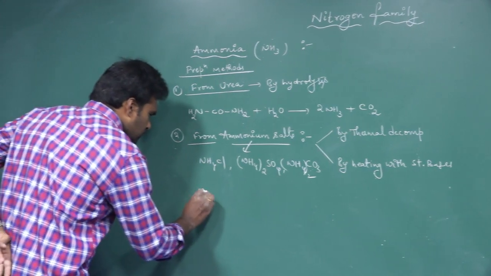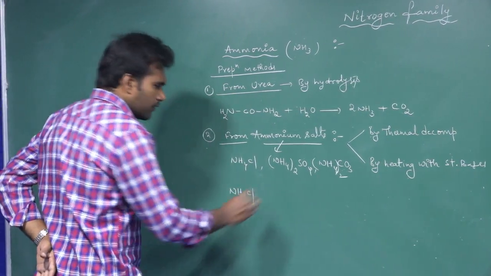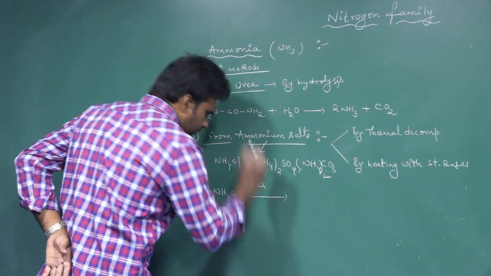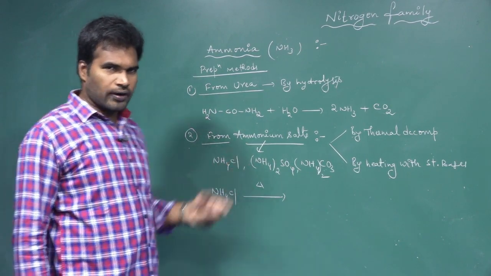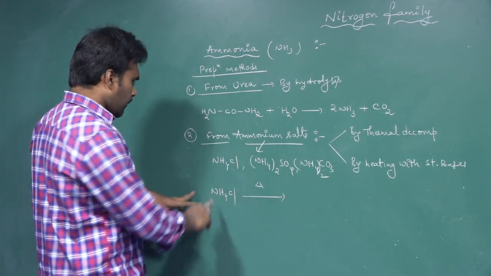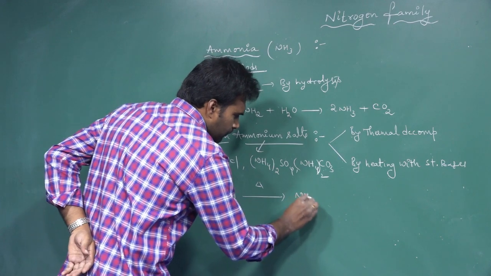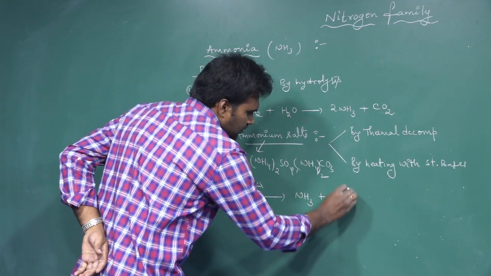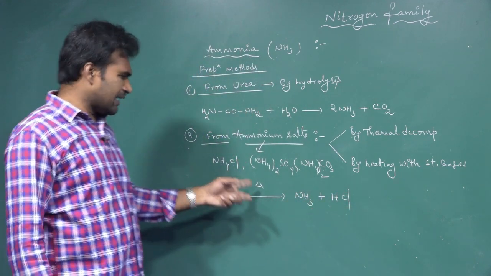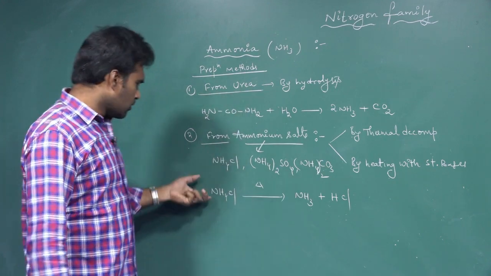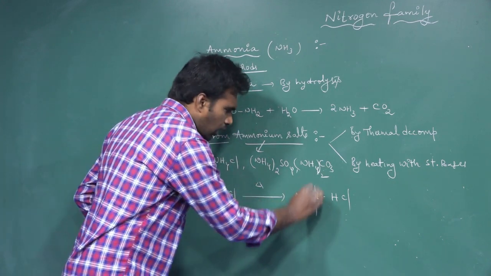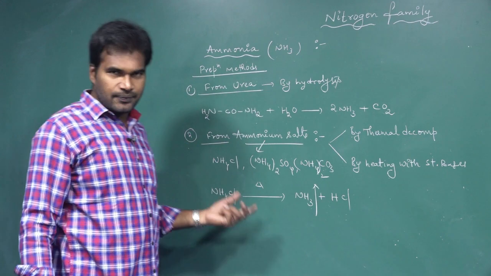When this ammonium chloride is heated, what will happen? We will get NH3 plus HCl. Simply by heating to a very high temperature, the ammonium salts liberate ammonia gas. It's an easy method.